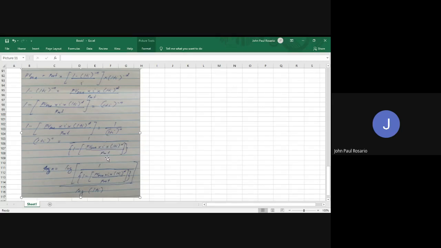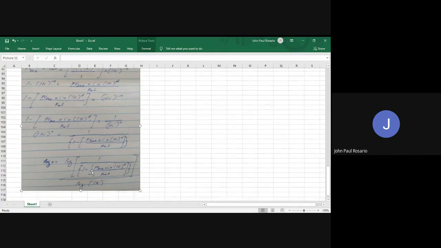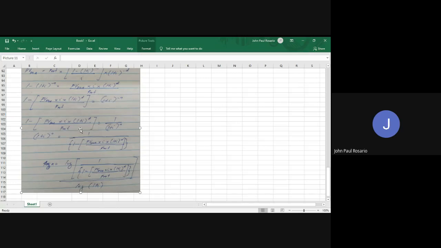And then, to solve for n, we use logarithm. So, log of this function over log of 1 plus I. Nasundan? Yes, sir.